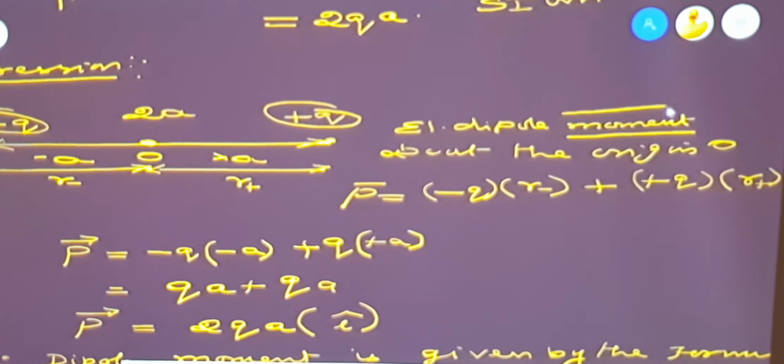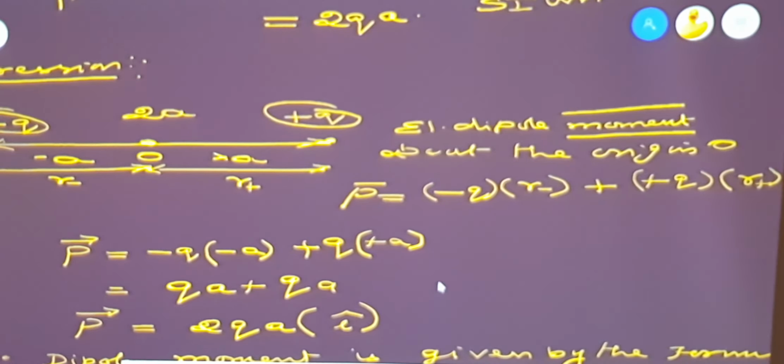So the electrical dipole moment about the origin is considered to be force into distance, or here charge into distance. So P is equal to minus Q into R minus plus Q into R plus. R minus is minus A. So minus Q into minus A plus Q into plus A gives QA plus QA, which is 2QA.